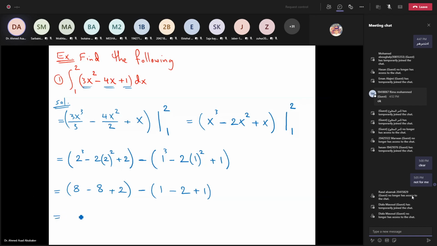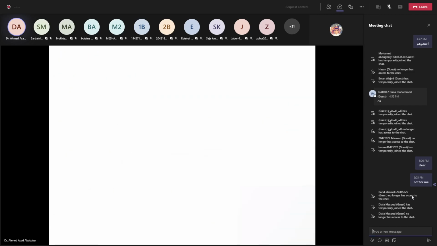So we have 2 in the first bracket, 0 in the second, so we have 2. Okay, this is very easy. Find the integration, simplify it, and after that substitute the upper minus lower. Second example. Any question in this example?